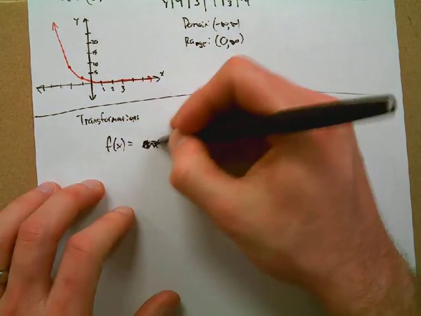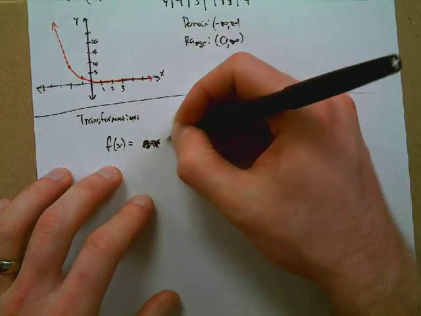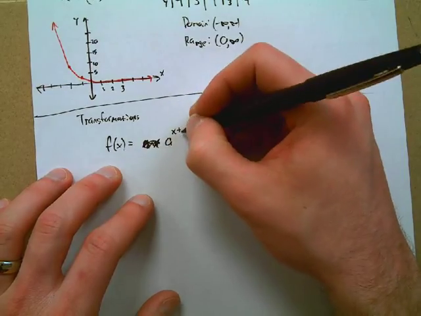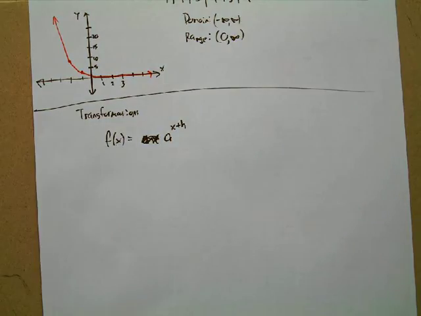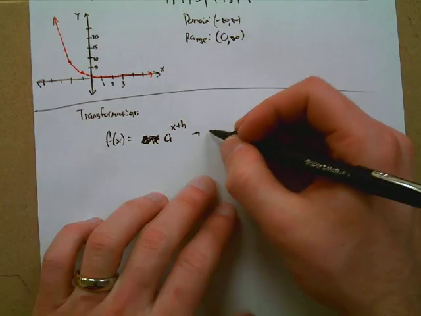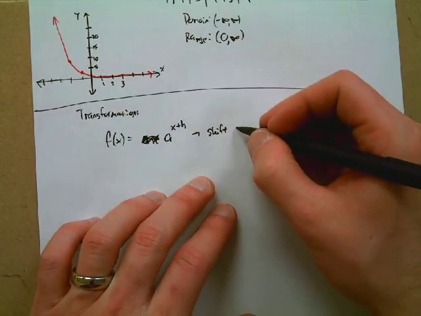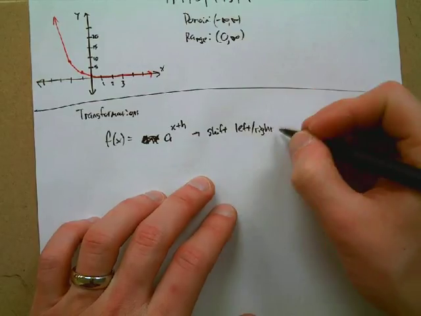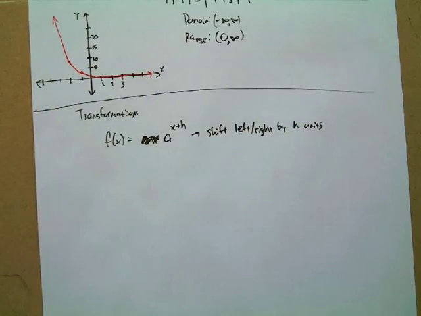We'll say a to the x plus h. That will shift things left or right by h units. And it's kind of in the opposite direction.